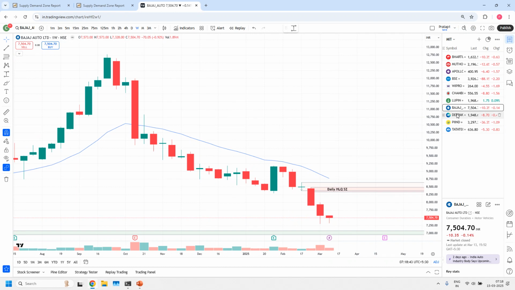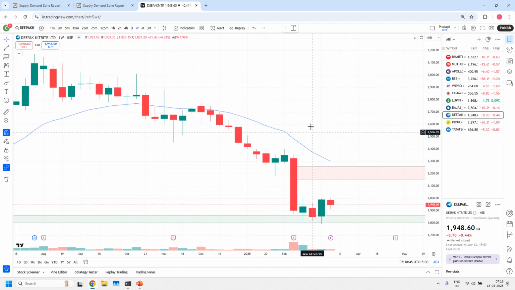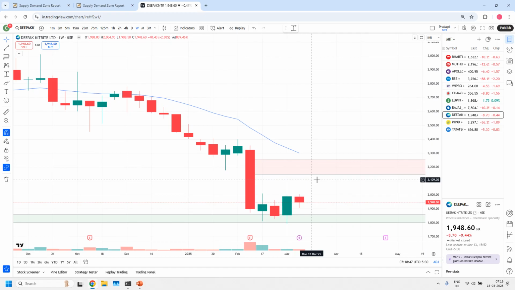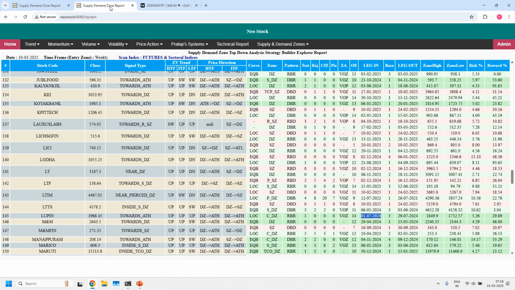Okay. Next, what is the next one? Deepak Nitrate. Is it having? Yes, it is having a drop, 1, 2, 3, 4, 5 base candles and a drop candle. Let us check Deepak Nitrate, how the weekly supply zone is there.